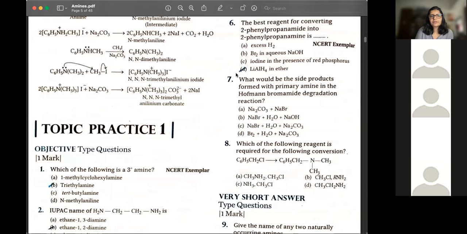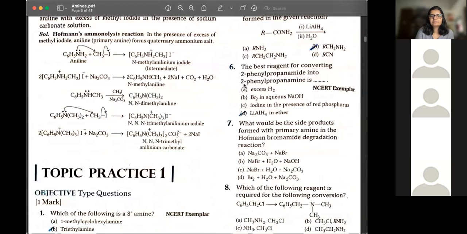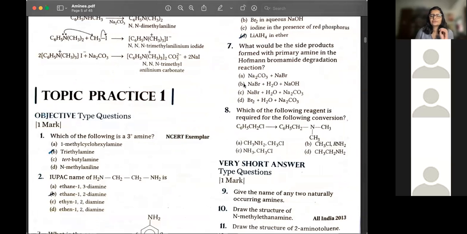Look at question number 7. I'm skipping the previous ones because they are very direct, you can look at your notes and get the answer directly. Look at question number 7. This is also fairly direct, but it's talking about the side products of Hofmann bromamide. So check your notes and tell me what side products you get.